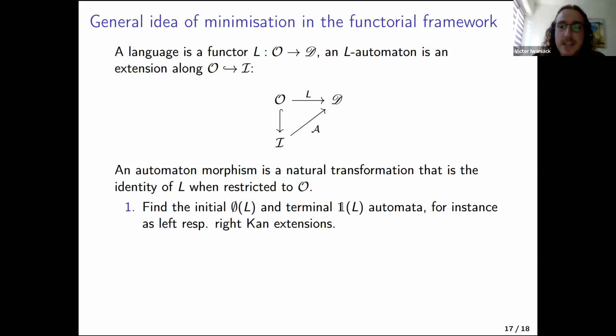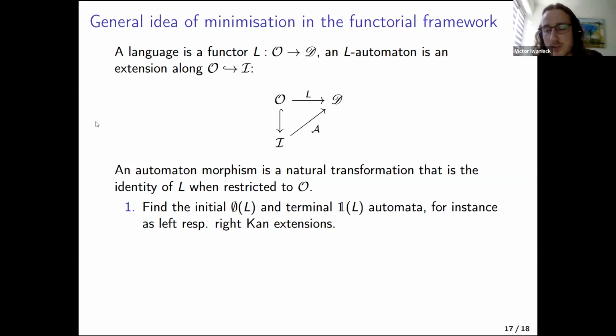And what is actually nice with the functorial framework is that you can get them with Kan extensions. So you have a systematic way of producing them, basically. Yeah, so the initial one is the left Kan extension, and the terminal one is the right Kan extension.